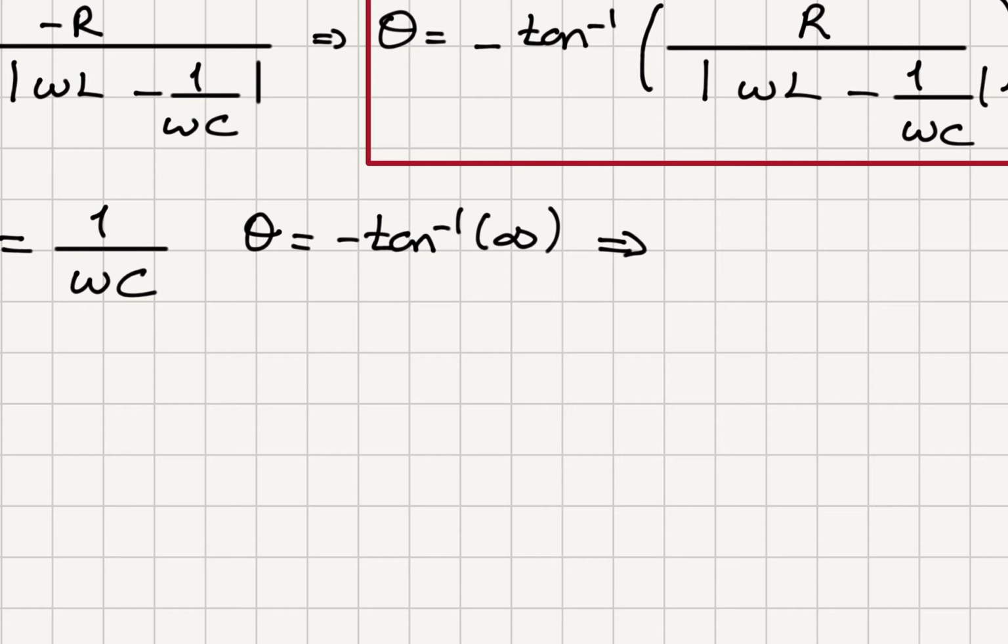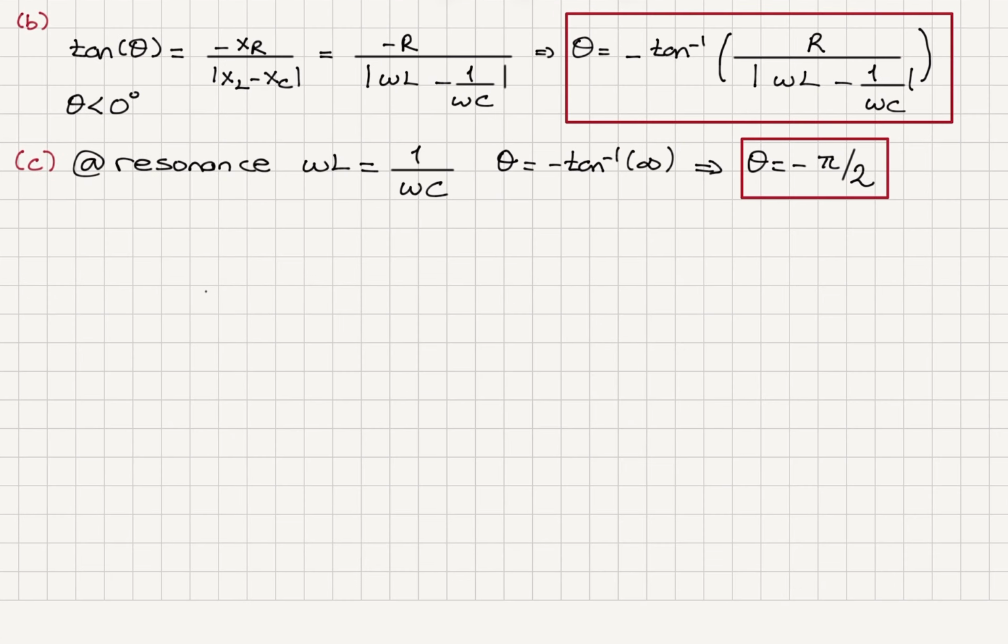So it's sine pi over 2 over cosine pi over 2. Cosine pi over 2 is 0, sine pi over 2 is 1. We obtain infinity, which means theta must be equal to minus pi over 2 at resonance. That's the condition we find for the phase angle.